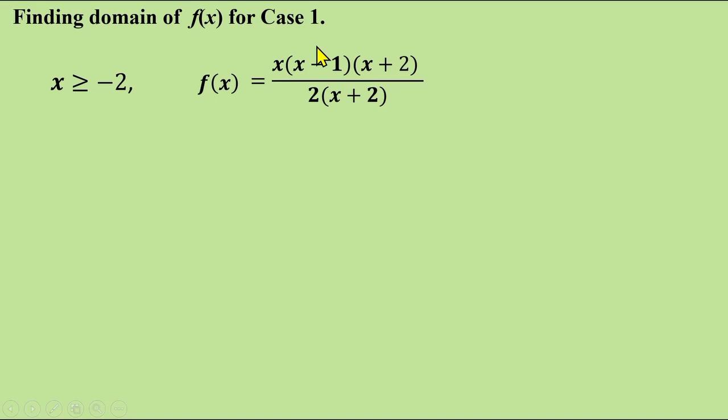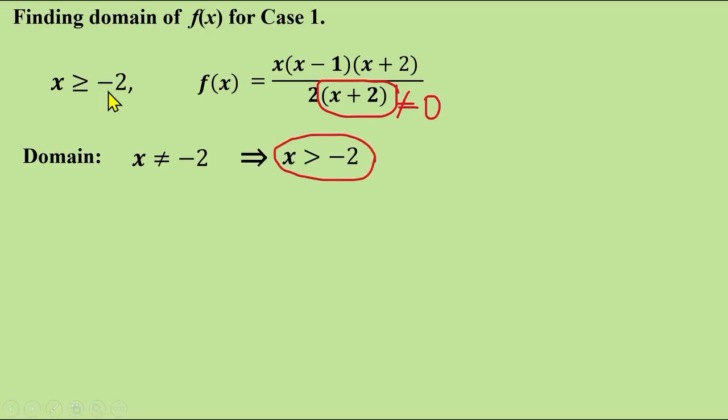What is domain? Function is here. It doesn't exist if denominator equal to 0, so denominator should be not equal to 0. So domain is defined by inequality x not equal -2, or we can write that x should be greater than -2. Then we rewrite f(x) in its domain for case 1.